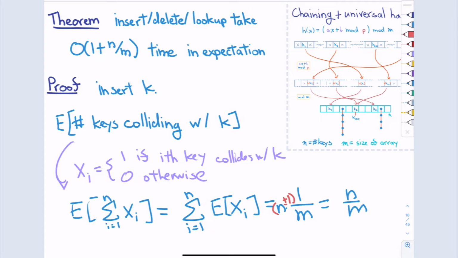Now, this will become a little more clear up ahead. But with quicksort, we got really strong concentration bounds, right? We said the odds of being 100 times bigger than n log n is like 1 over n to the 100 or something. It's going down very fast. We don't necessarily get that here.